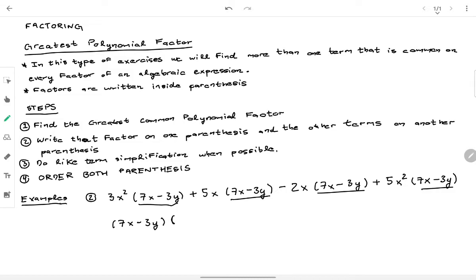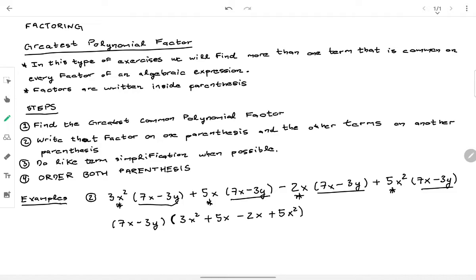And it says in the next parenthesis, I need to put those terms that are not the common factor. So I will put these ones. It's going to be 3x squared plus 5x minus 2x plus 5x squared.